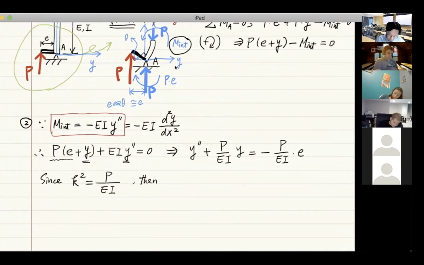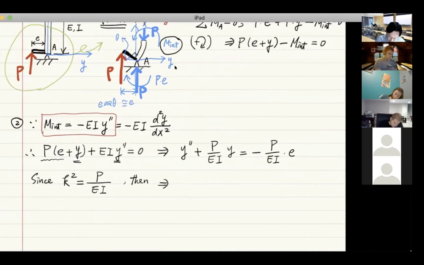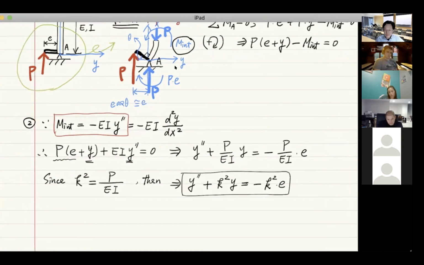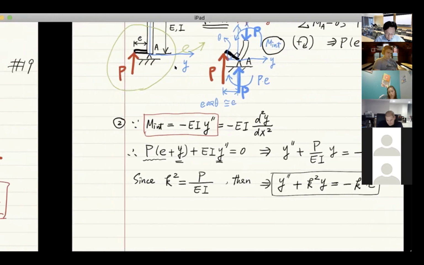Then you can simply say that we have arrived at the governing equation, which is Y double prime plus K squared times Y equals negative K squared times E. So this is our governing equation. And then what we have to do is to solve for it.